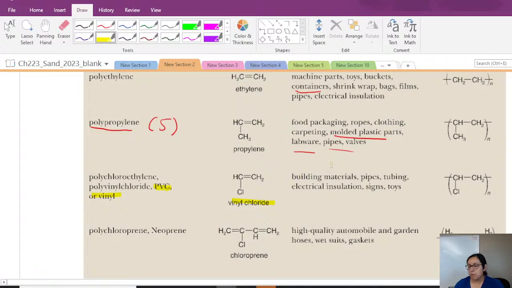You're probably pretty familiar with PVC in building materials. You see it in pipes, tubing, electrical insulation, so extremely prevalent. And this is 3 in the recycling code, so it already gets difficult as well with that chloride group.